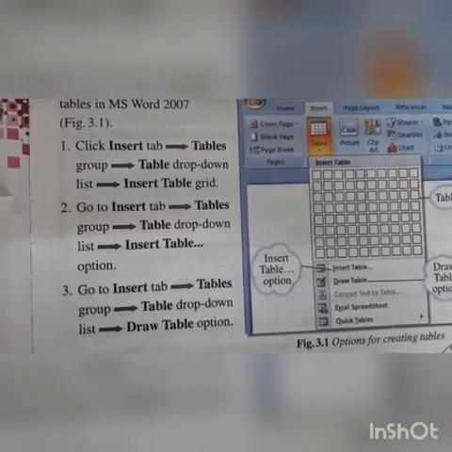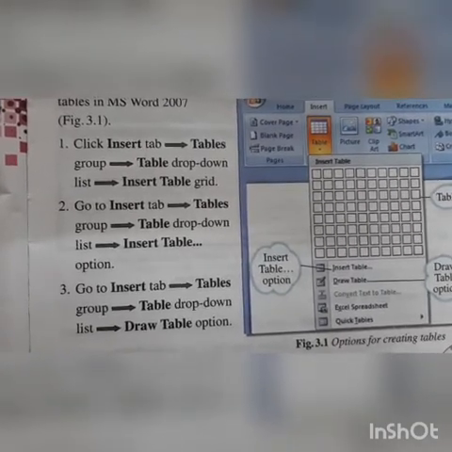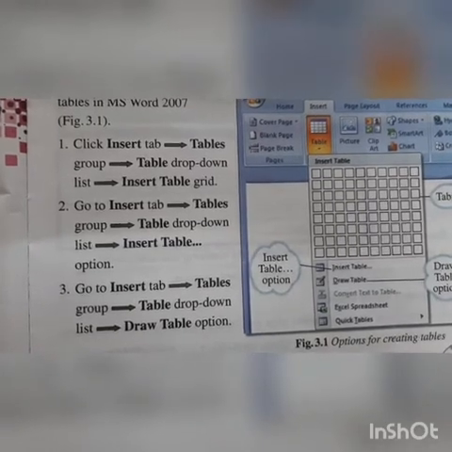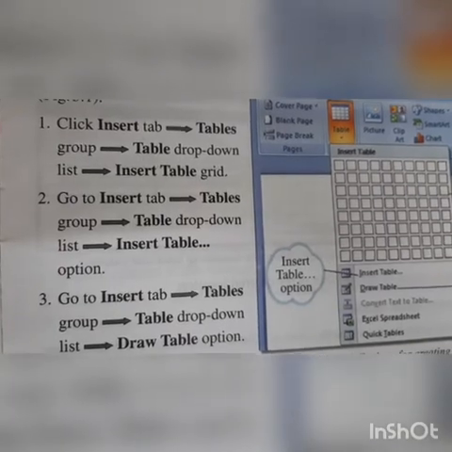First you will click on insert tab, table group, table drop down list, insert table grid. Figure 3.1.